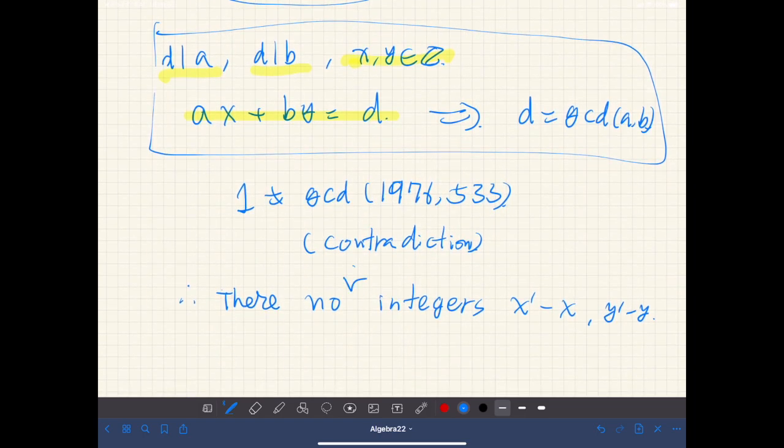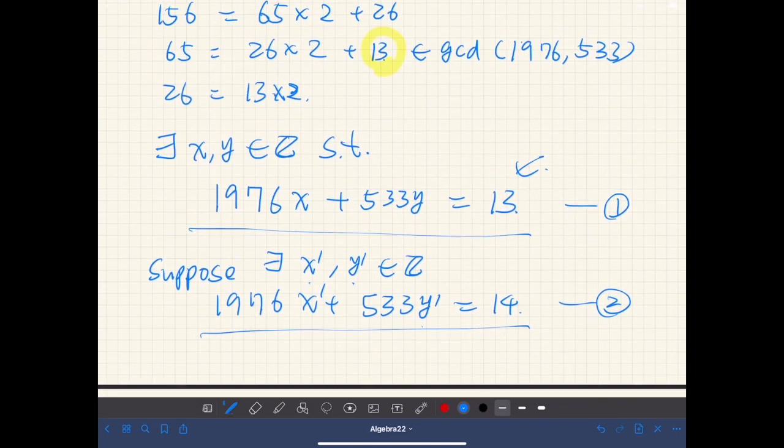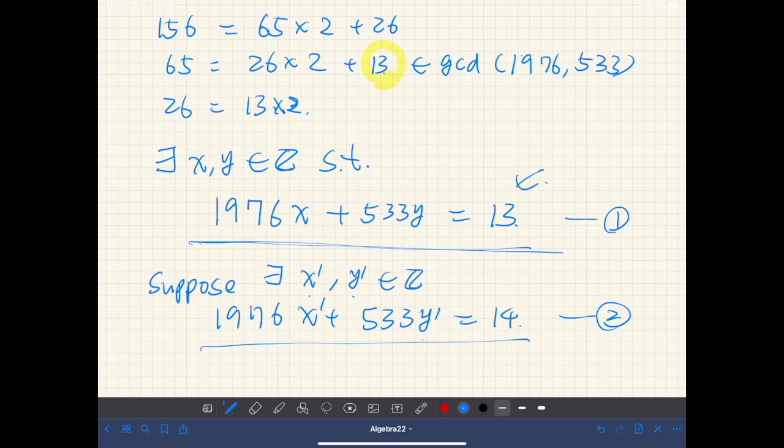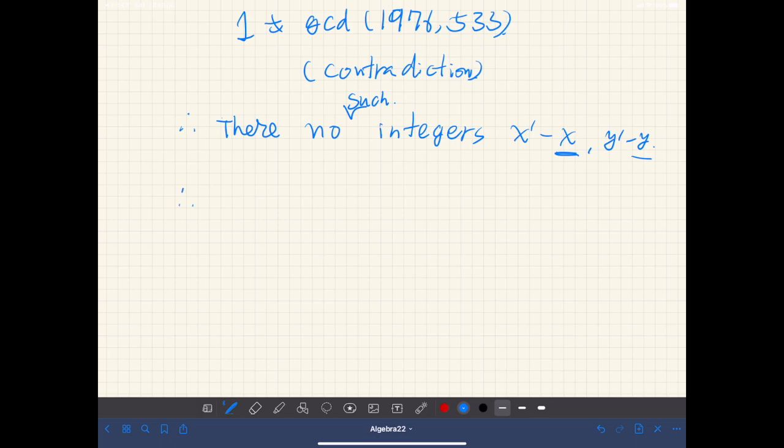But we know that x and y do exist from the earlier equation. So there are no such integers x prime and y prime.